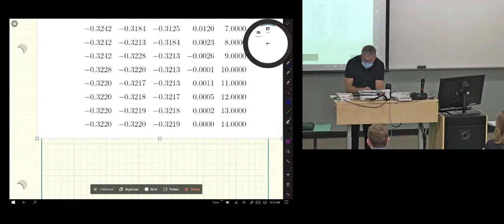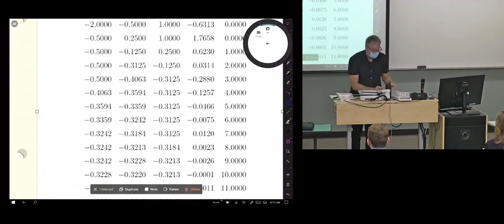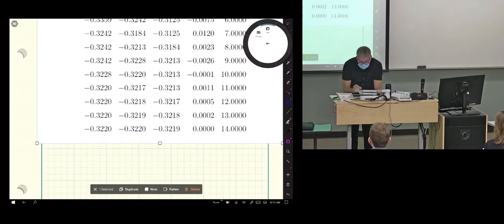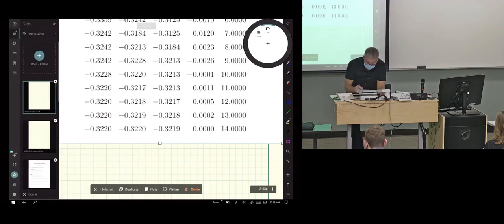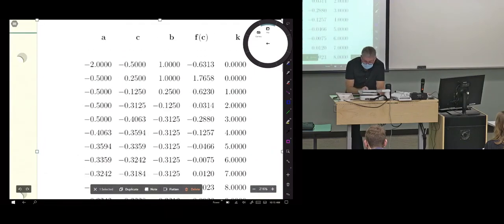Okay, so to get down there, I think I wrote, oh, I didn't write down how many steps. Well, although there it is, K takes 14 iterations with the bisection algorithm, okay? So this is bisection.